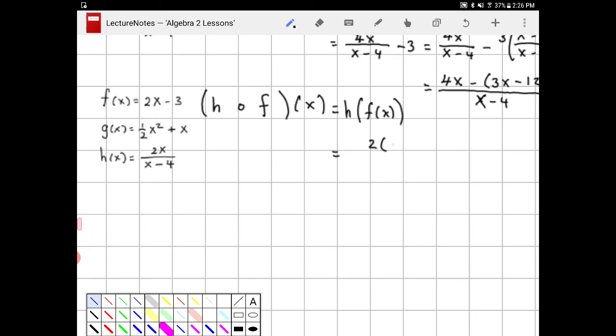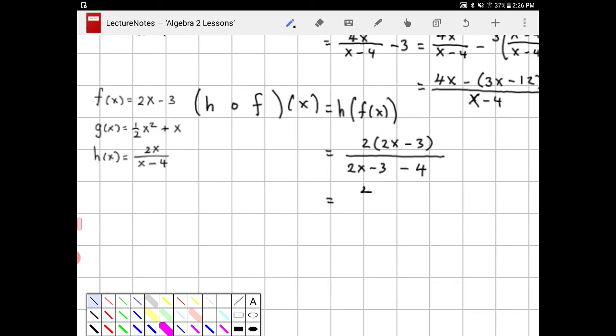So it's 2 times 2x minus 3 all over 2x minus 3 minus 4. Distribute the 2, I get 4x minus 6 all over 2x minus 7. There's no common factor between the numerator and denominator, so this is where I'm going to leave it.